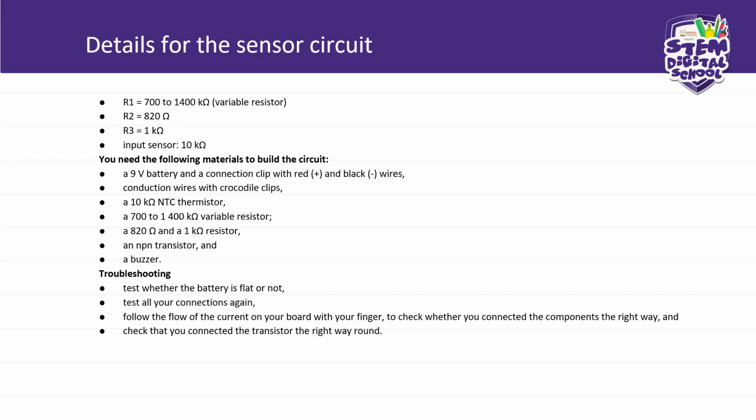You will need the following materials to build the circuit: a 9-volt battery and a connection clip with a red and black wires. Red is for positive, black is for negative. Remember, grade 9, I said it's very important when you connect our circuits to indicate the polarity of the circuit, because then we are doing it for safety.